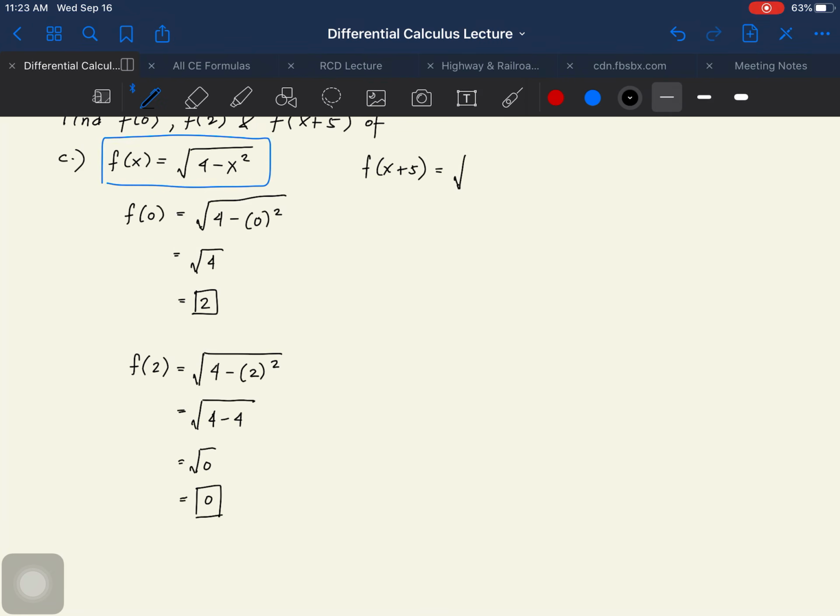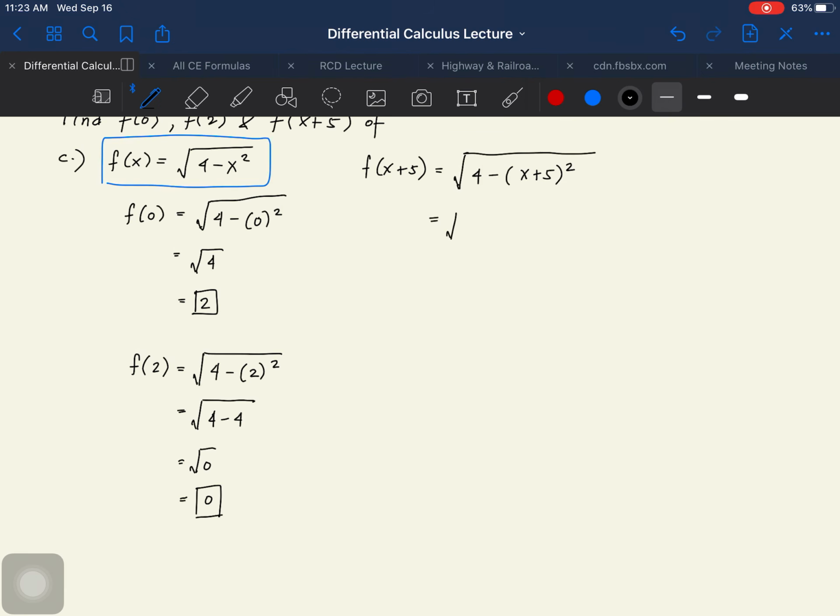Now the third and last example is f of x plus 5. Substitute the value of x with x plus 5. So that is the square root of 4 minus parenthesis x plus 5 squared. Now, what did we discuss a while ago? Expand this first, but never remove the parenthesis.